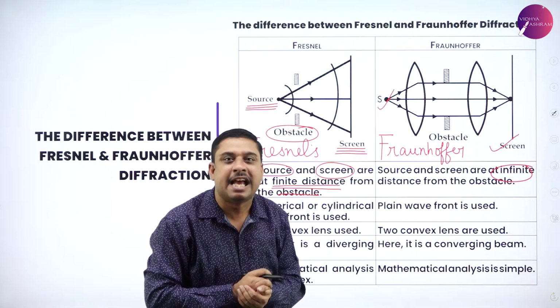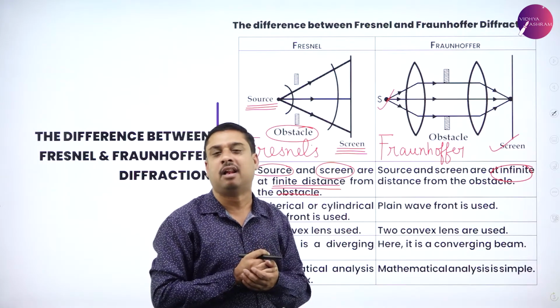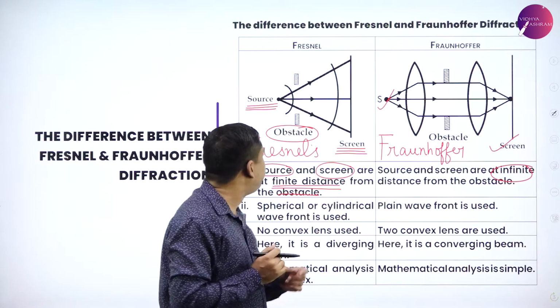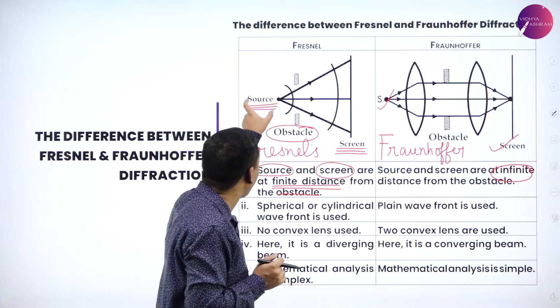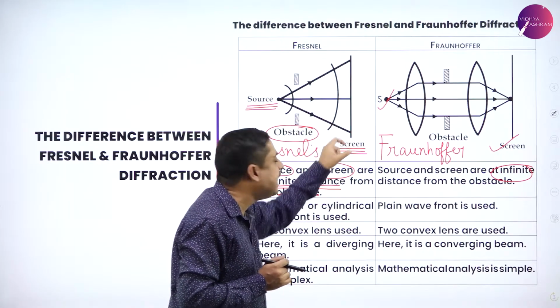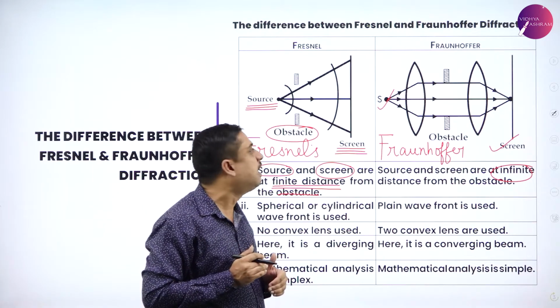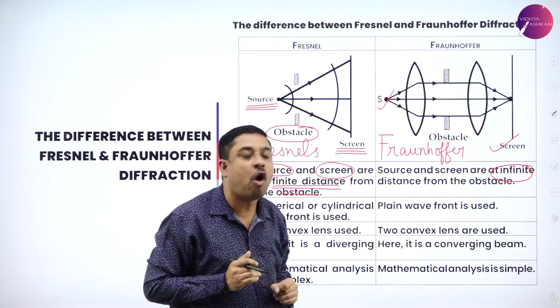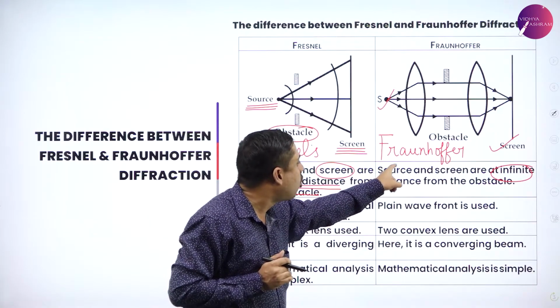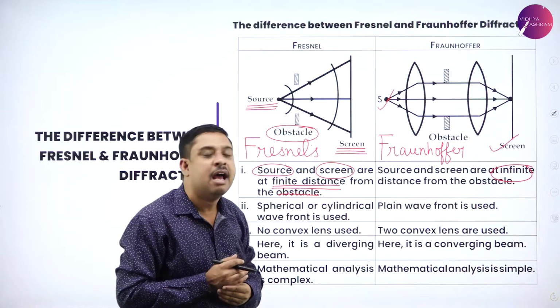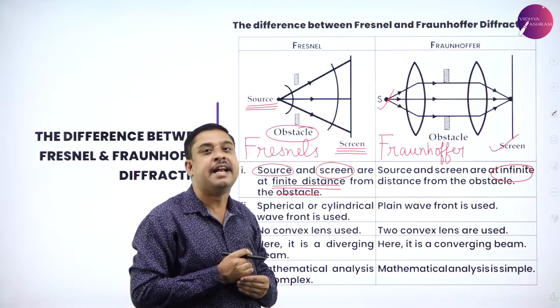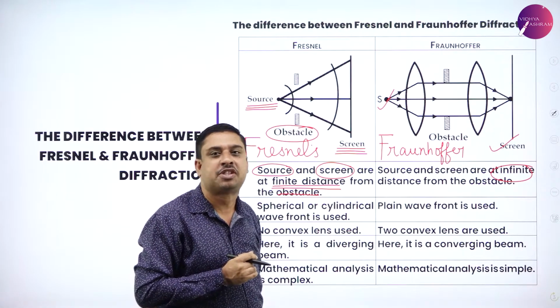Non-measurable distance from the obstacle. So, Fresnel, source and screen are at finite distance; Fraunhofer, infinite distance.